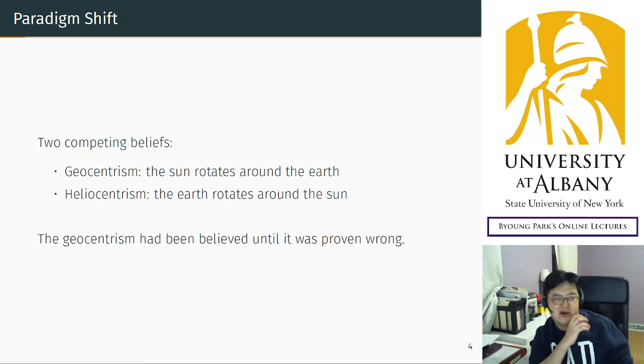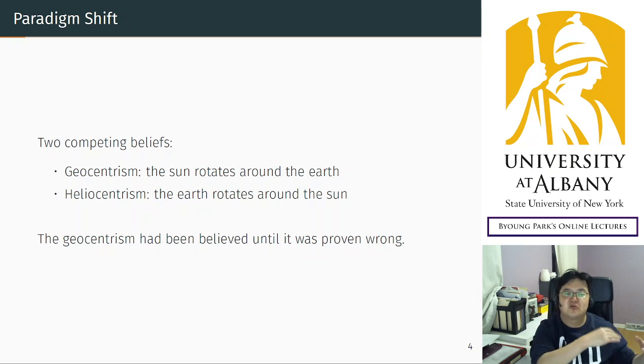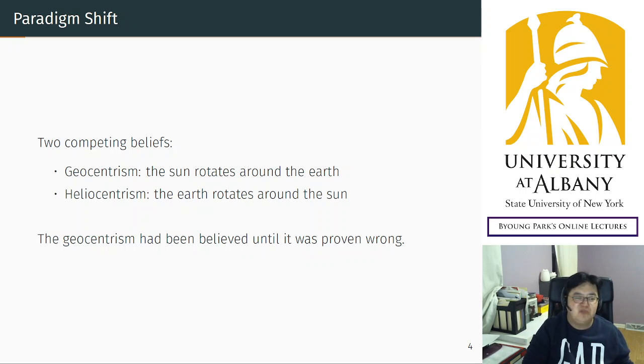Anyhow, let's think about these two scientific beliefs: geocentrism and heliocentrism, whether the sun rotates around the earth or the other way. You know the truth, but in the old days almost everyone believed that the sun is rotating around the earth because it looks like the sun is rotating above us, right?